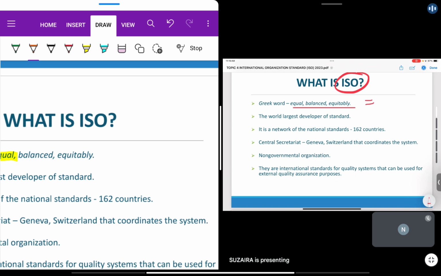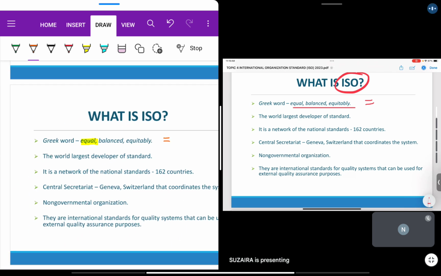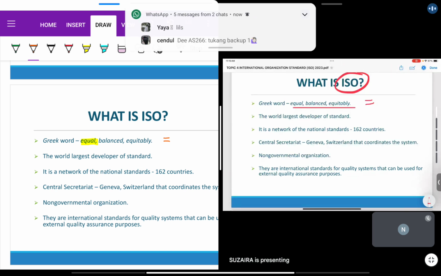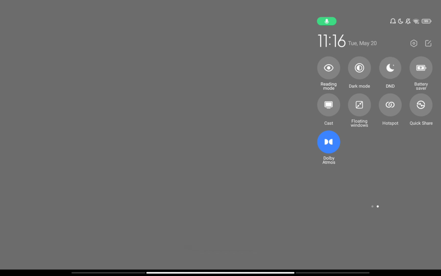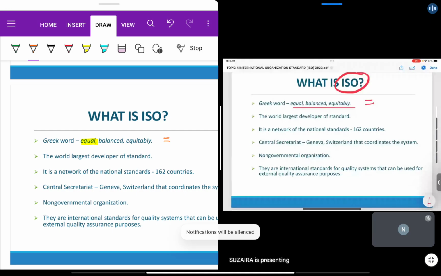So it can be accepted worldwide. If we have the Malaysian standard here in Malaysia, the ISO 22000 can also be used. For example, if you want to export your product to other countries like Indonesia or Australia or Japan or whatsoever. Of course, they will have their own standard, but basically it is referring to a similar standard.